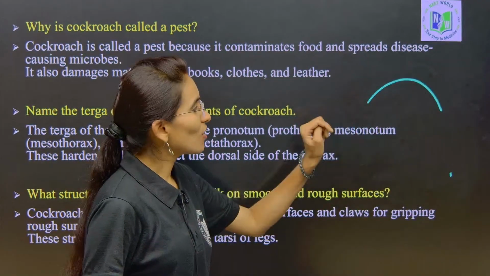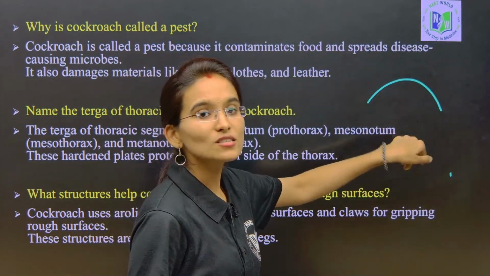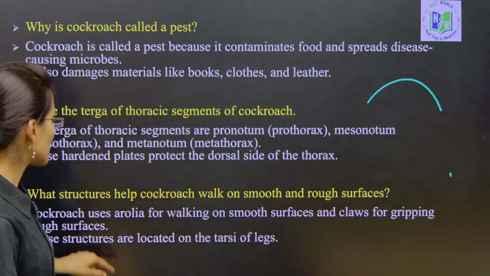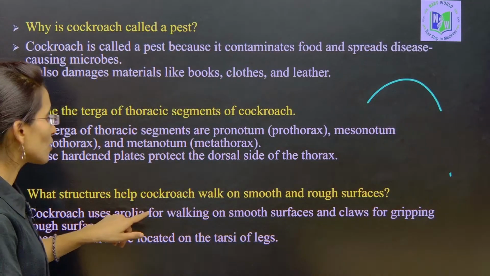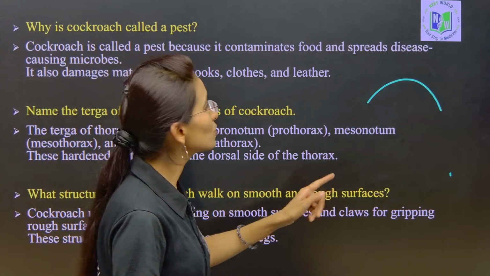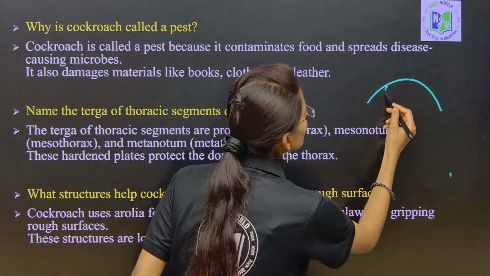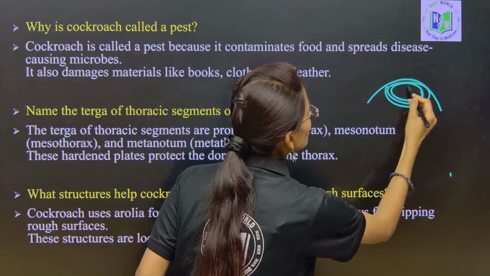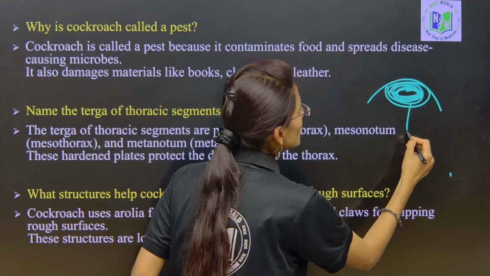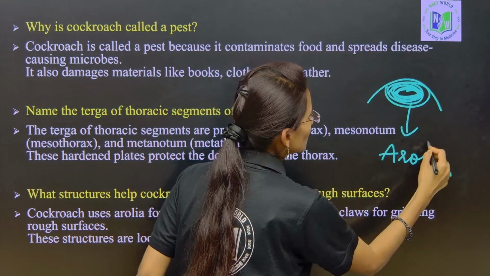The main function of the claws is to walk on rough surfaces. The cockroach uses the arolium for walking on smooth surfaces. From where does the arolium arise? From this particular structure. So this will be the arolium.